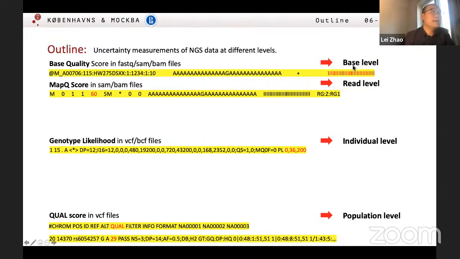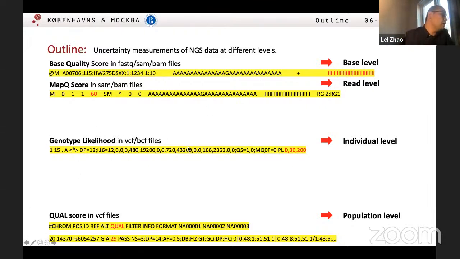It is a base level uncertainty, telling you how reliable a certain base read is. And the MapQ score, you can find in the SAM file and BAM file. It is at the read level, so for the whole read you only get one such score. It basically tells you how certain the read originates from your aligned position.